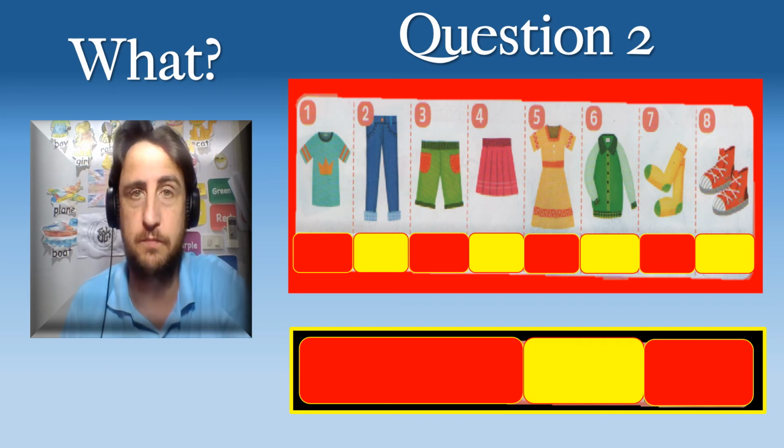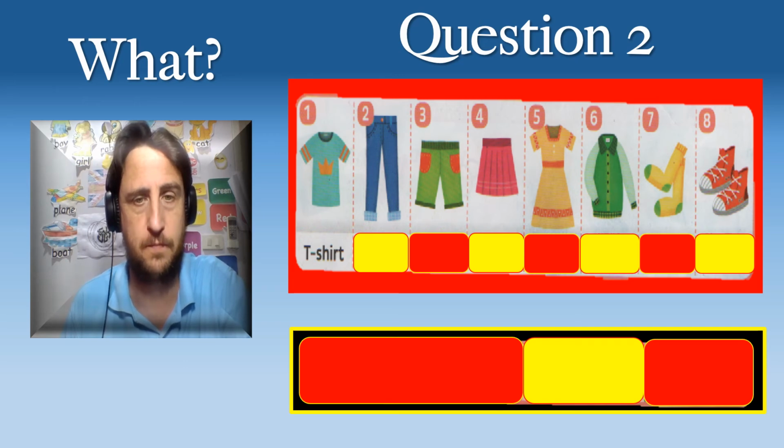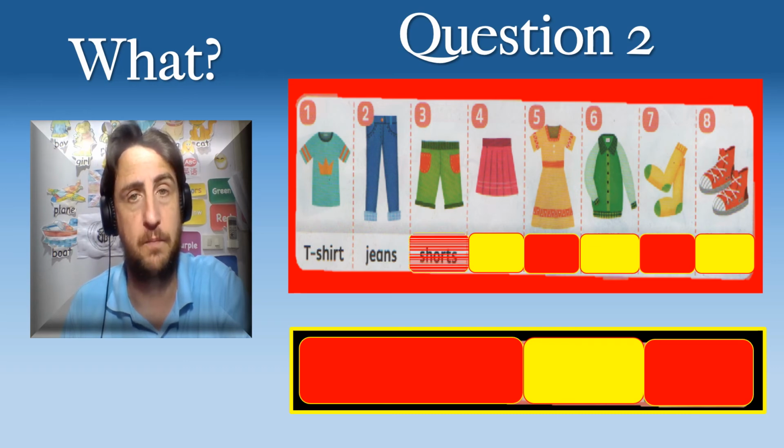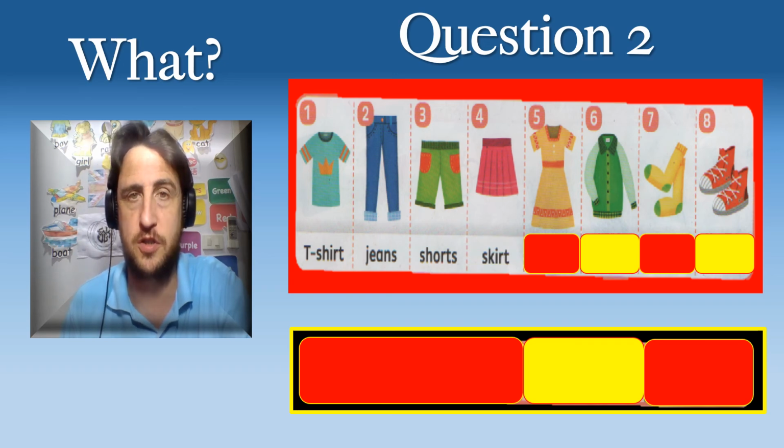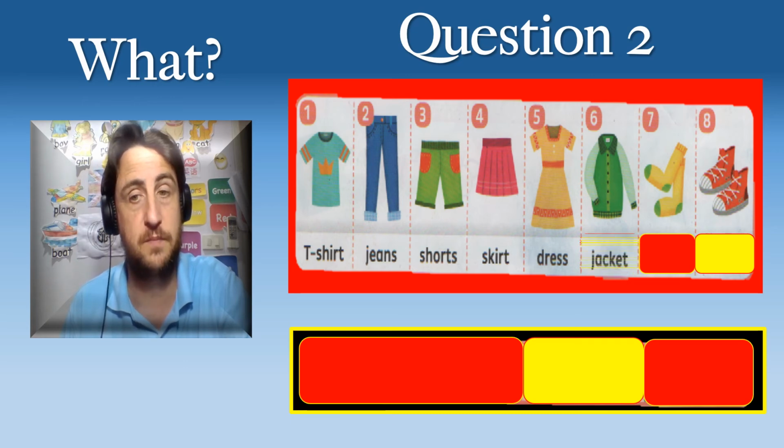Well, let's look. Number 1, T-shirt. Number 2, jeans. Number 3, shorts. Number 4, skirt. Number 5, dress. Number 6, jacket.